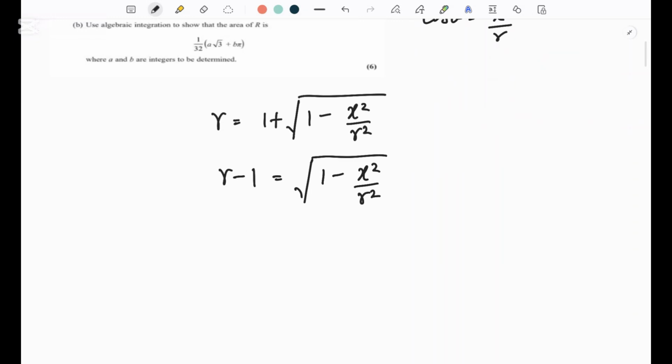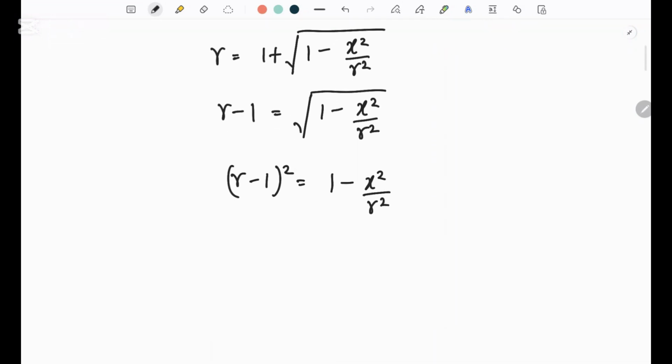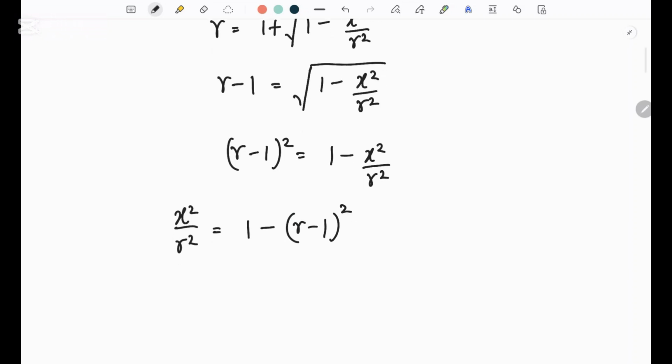Now you could square both sides. You could write (r minus 1) squared equals 1 minus x squared over r squared. And now you could write x squared over r squared equals 1 minus (r minus 1) squared.